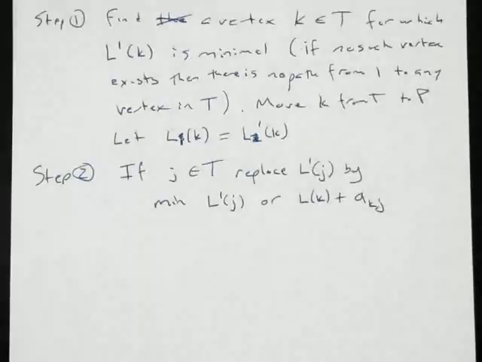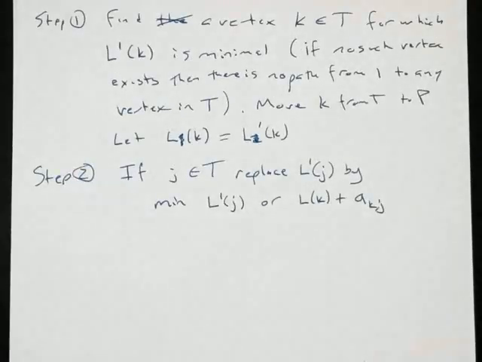Dijkstra's algorithm proceeds iteratively. We find the vertex for which the temporary label is smallest. By the way, if no such thing exists, we have to stop.